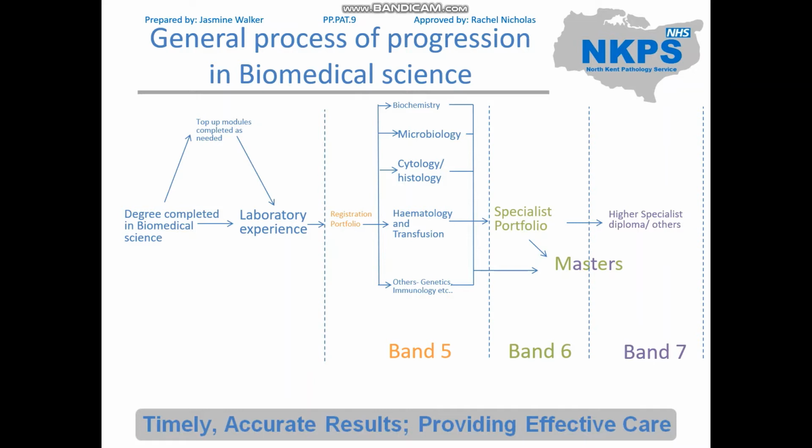The good thing with the higher specialist diploma is they're a bit more generic in that they all have items in them about leadership and about quality and training. Therefore, they are easier to be used for other roles in comparison to the specialist portfolio.